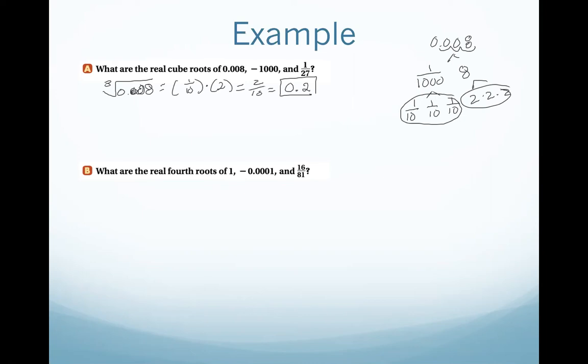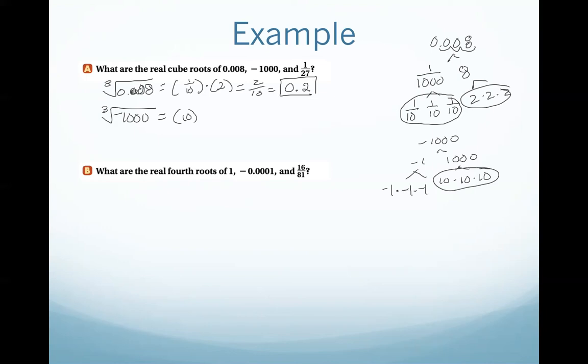What if I have the cube root of negative 1,000? Well, we have negative 1,000, which is negative 1 times 1,000. And 1,000 is 10 times 10 times 10. So I know I have a factor of 10, but what about that negative 1? Well, I can write negative 1 as negative 1 times negative 1 times negative 1.